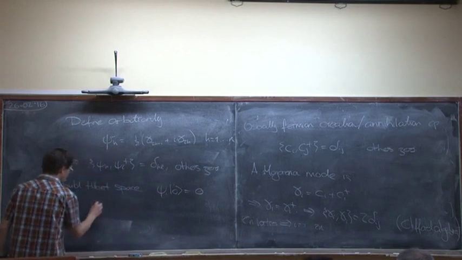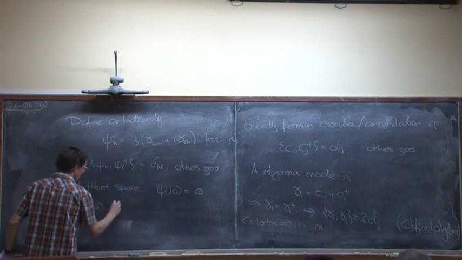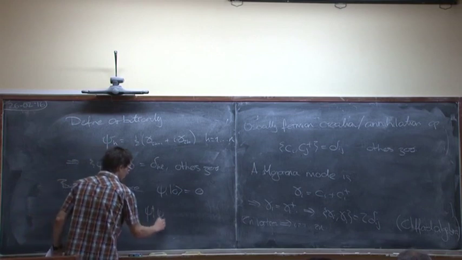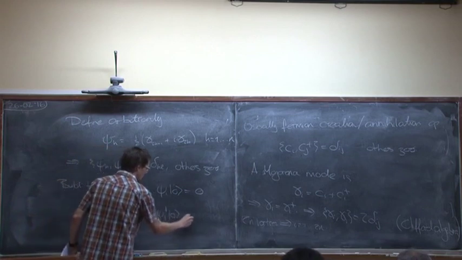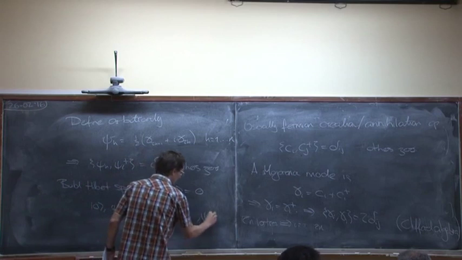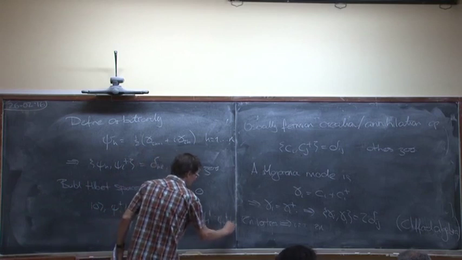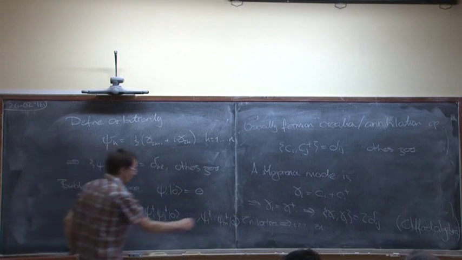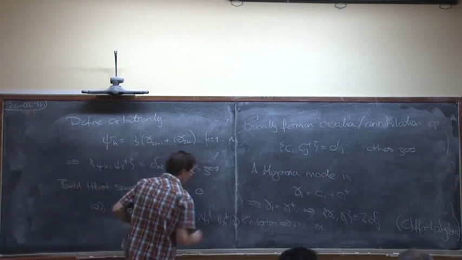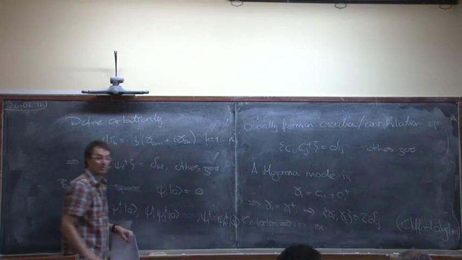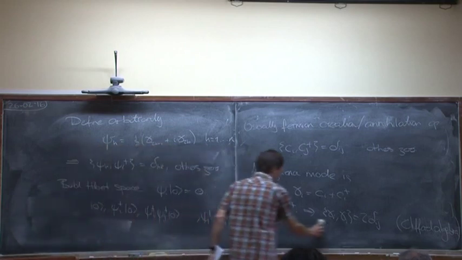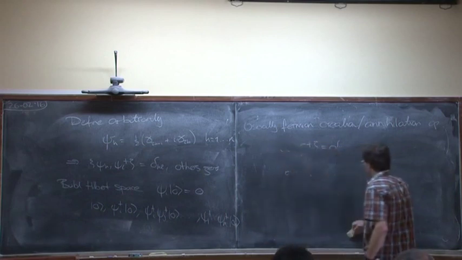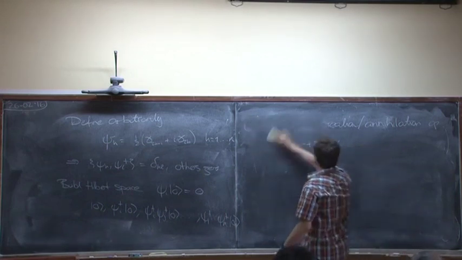You get the vacuum, psi dagger i acting on the vacuum, psi dagger i psi dagger j acting on the vacuum, all the way up to psi 1 dagger through psi 2n dagger acting on the vacuum. Sorry, not 2n. Half as many psi's as you have Majoranas. So you get 2 to the power n. Yes, exactly. Good. Like in the Ramond sector.